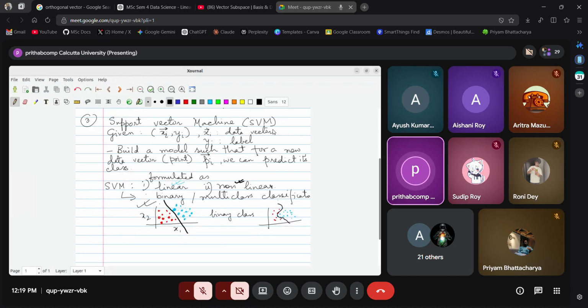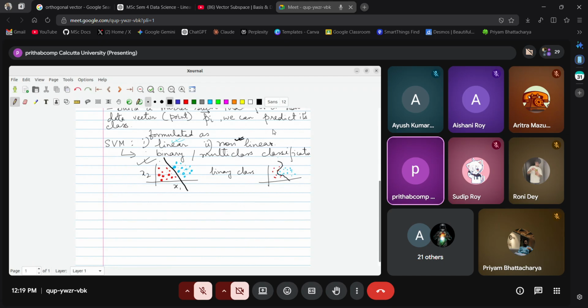So, linear SVM, linear support vector machine. If you know the history of SVM, it actually started around 1970, which is very surprising. At that time, they tried to make the machine learn the mapping from xi to yi.